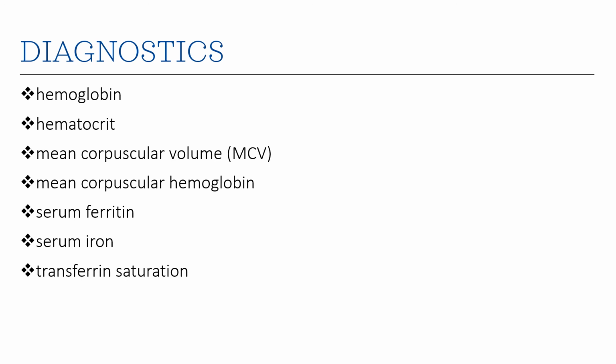Some people would have not so low hemoglobin, but if they have other signs of iron deficiency anemia, then your physician might run a serum ferritin level or a serum iron level, or they will look at the transferrin saturation. So iron is usually found bound to transferrin, and so if the iron levels are decreased, what they would find is your transferrin levels will start to increase because they are in significant ratio to each other.